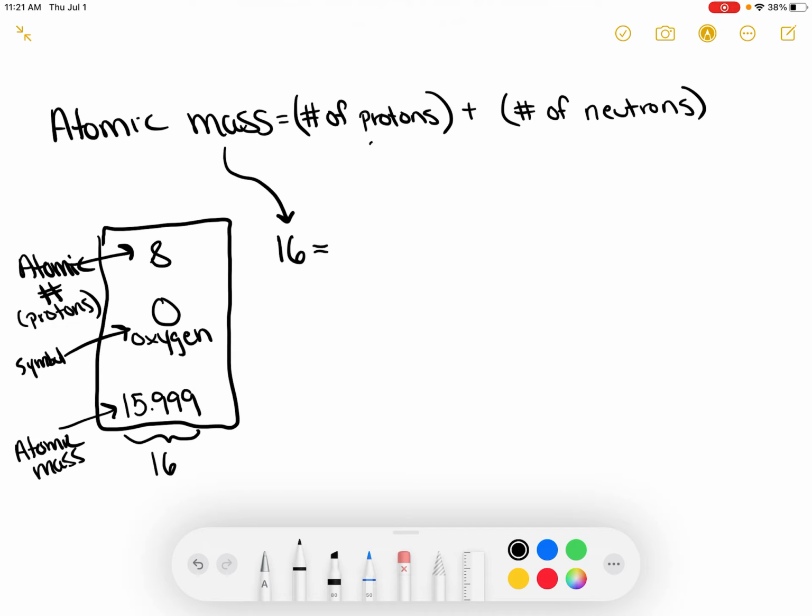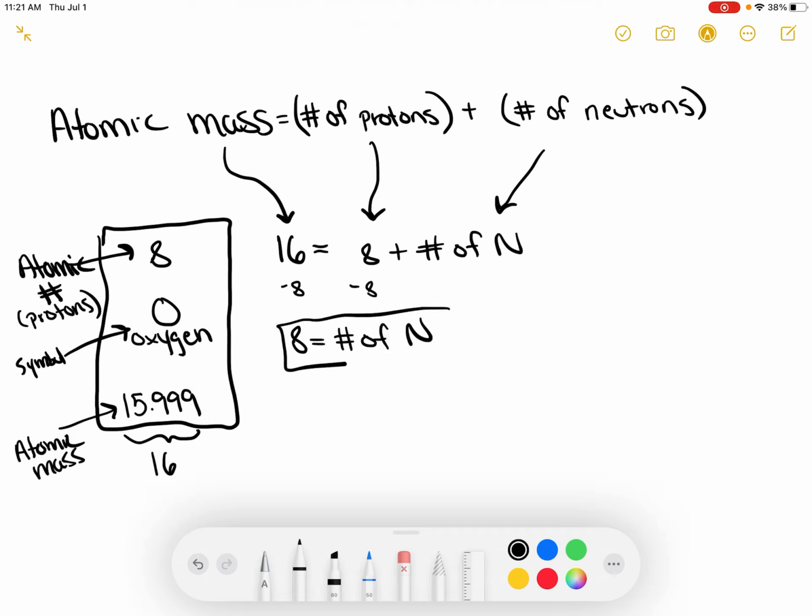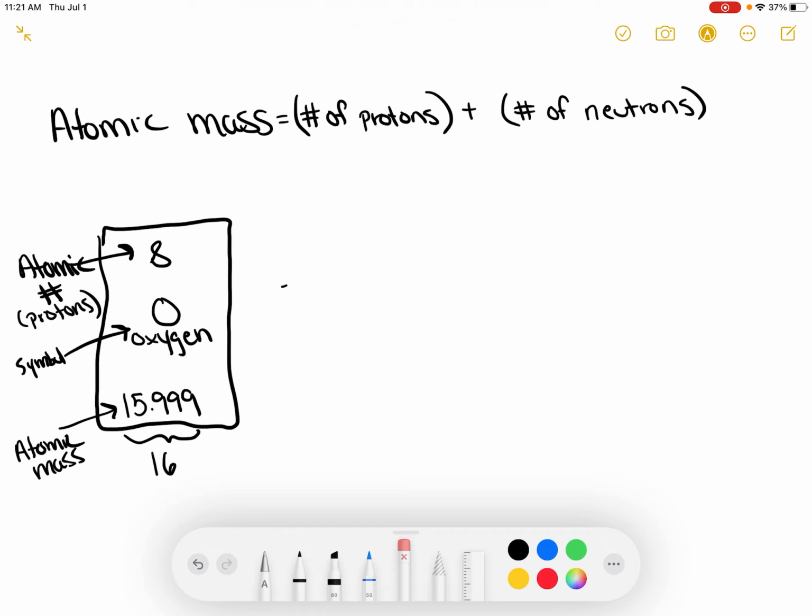We know that's equal to the number of protons, which is 8, plus the number of neutrons. If I subtract 8 from both sides, I get 8 equals the number of neutrons, and we just solved the equation. That is a great way to find out the number of neutrons in each element. Let's do one more example.